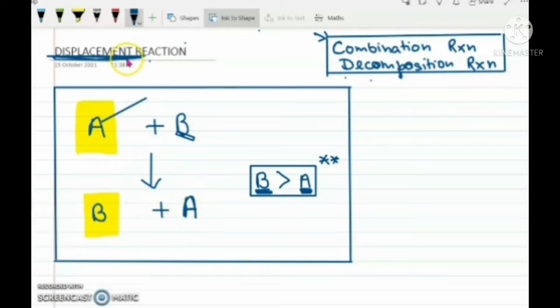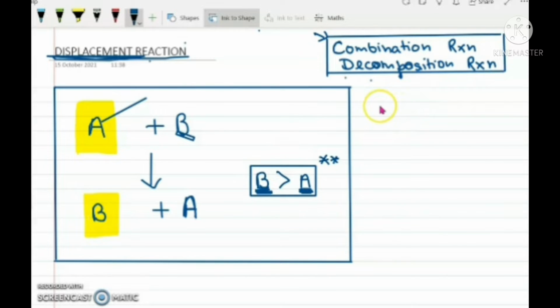The same thing happens in the displacement reaction as well. The more reactive element displaces a lesser reactive element from its compound, and these kinds of reactions are referred to as displacement reactions.